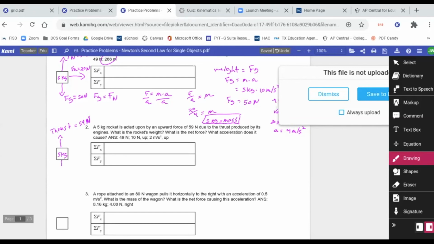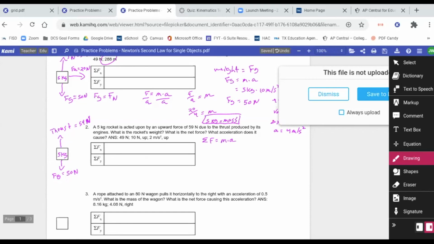Well, we know weight is Fg, and Fg is mass times acceleration of gravity, right? And acceleration of gravity is 10, so Fg would be 50 newtons, yes? Okay, we've got this. Now, let's not forget sum of forces is mass times acceleration, right?